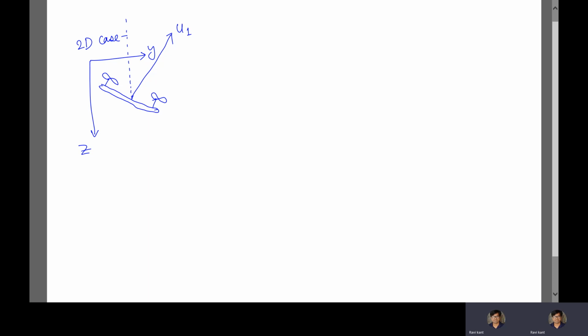The twist or moment that acts due to the propeller effects, which tries to twist the drone, has the moment called u2. So u1 is essentially a force and u2 is essentially a moment or torque.